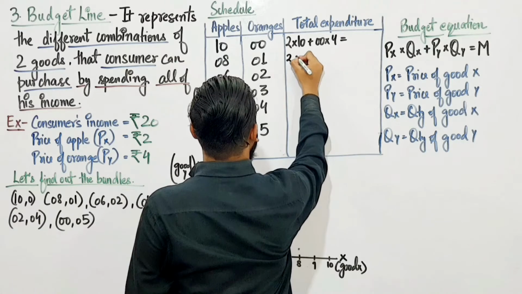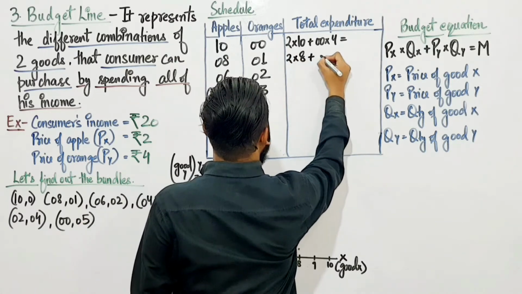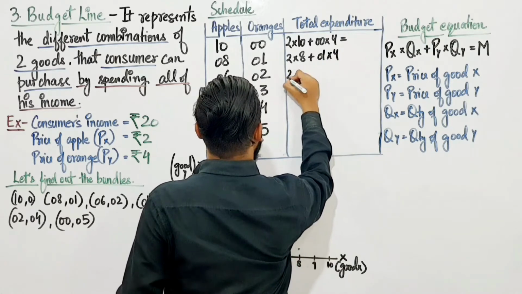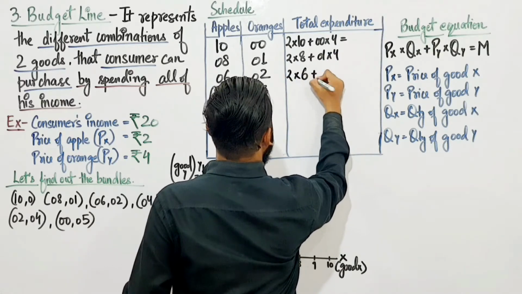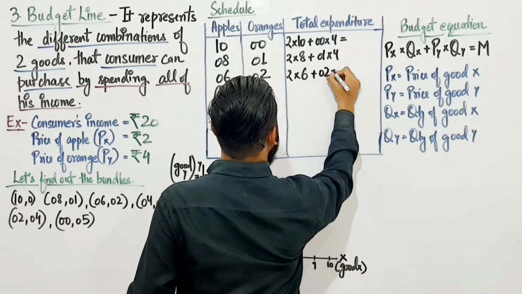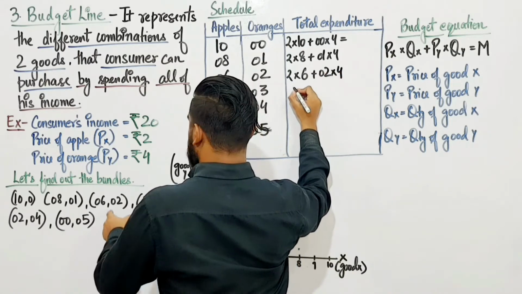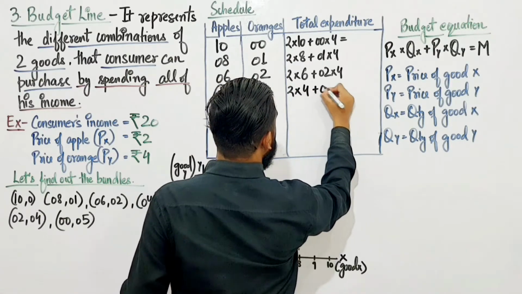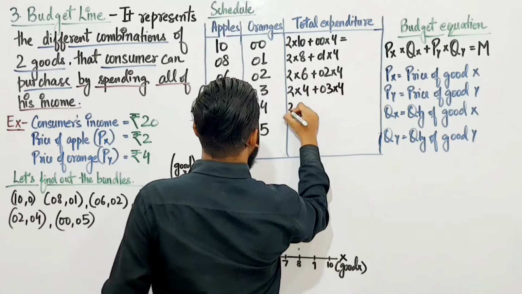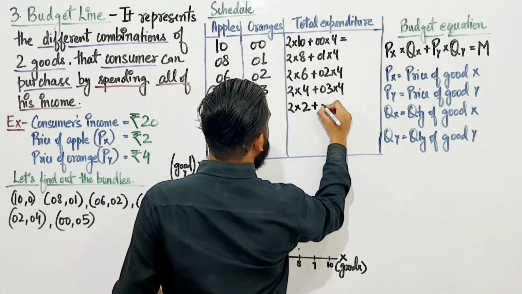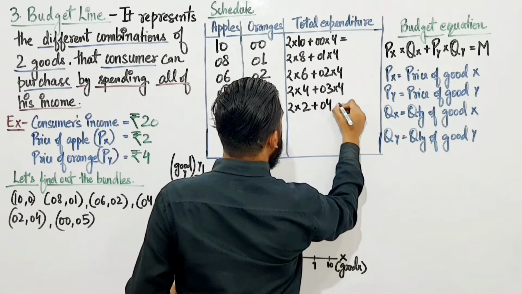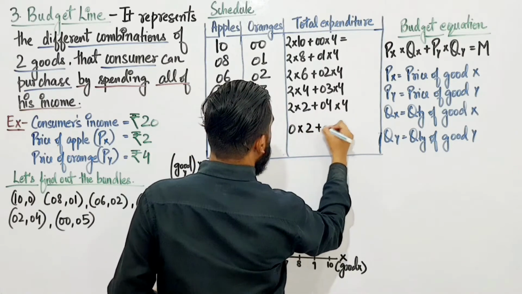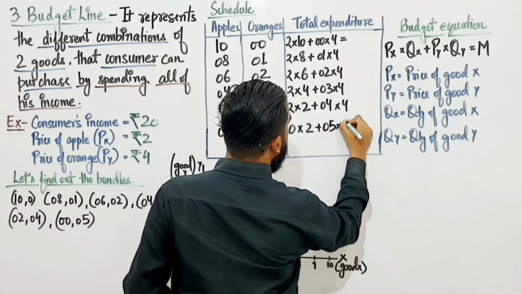Again 2 into 8 plus 1 into 4. 2 into 6 plus 2 into 4. 2 into 4 plus 3 into 4. 2 into 2 plus 4 into 4. Or 0 into 2 plus 5 into 4.